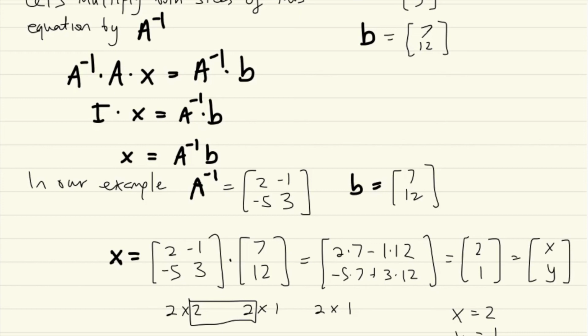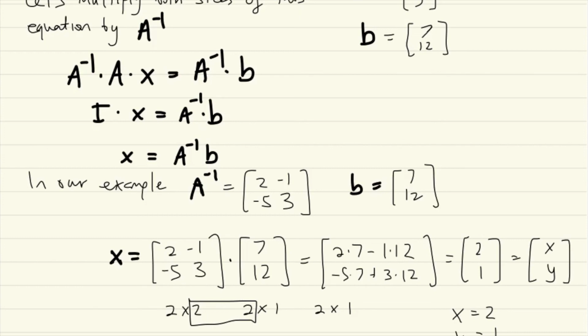So we're going to expect a 2 by 1 matrix. So here I've made a 2 by 1 matrix, and in the row 1, column 1 position, I take row 1, column 1, dot them, 2 times 7 plus negative 1 times 12, and then this place here is row 2, column 1, row 2 dotted with column 1, negative 5 times 7 plus 3 times 12, add them.